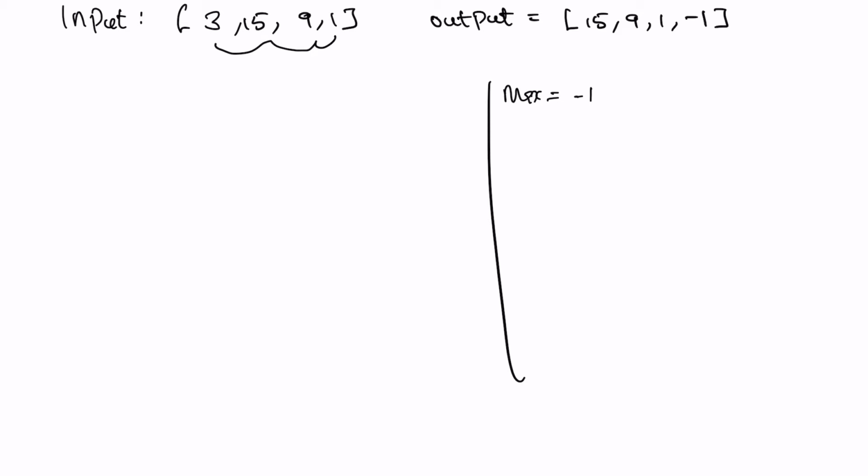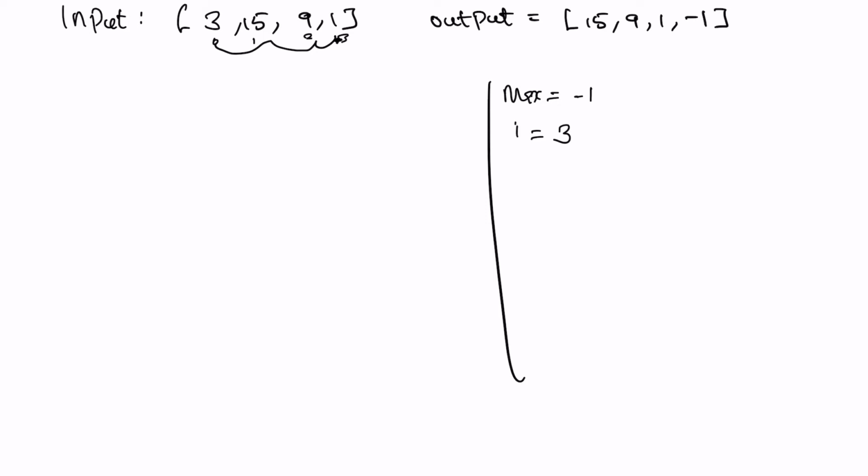Since we are iterating from right to left, we visit the last element first, which would be set to negative 1. We have our iterator I, which is set to 3. The reason is that arrays use zero-based indexing, so this is index 0, 1, 2, 3.